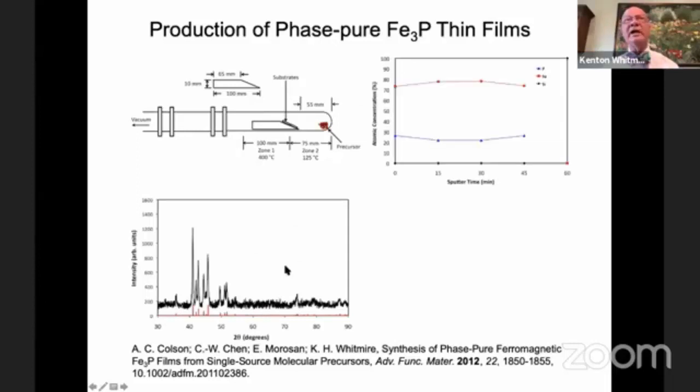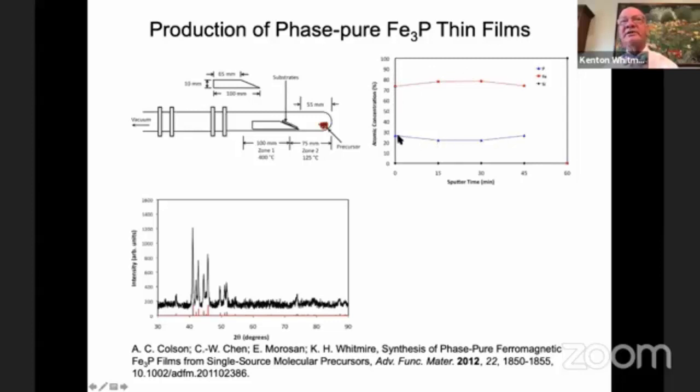And you can also look at the composition by XPS, where you do a sputtering experiment. It's called depth profiling, where what we do is we start at the surface and we examine the material. So this is the iron composition up here. This is the phosphorus composition, roughly 3:1.